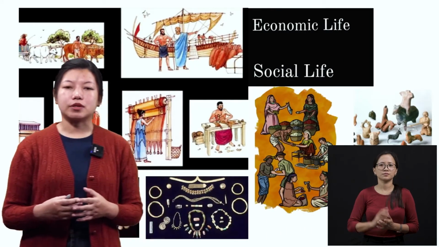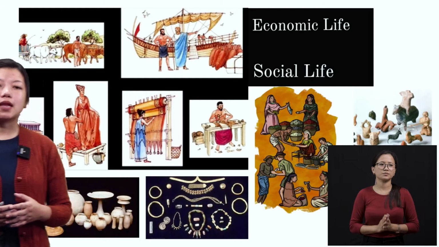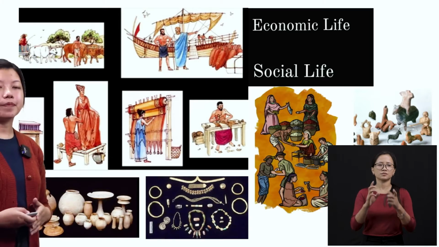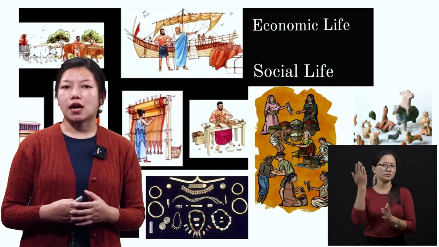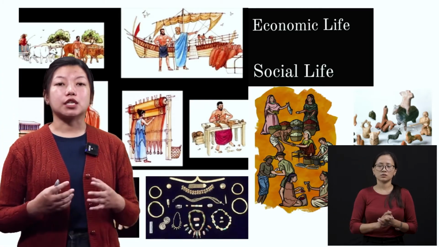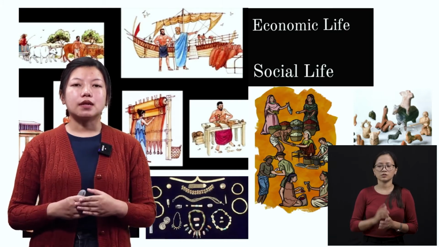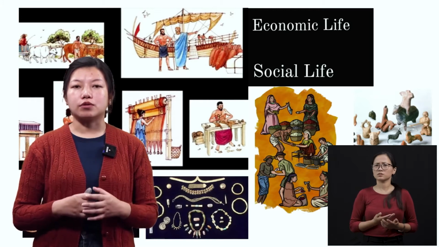In the second picture, it shows the economic life and the social life of the people. Let me start with the economic life. In the previous class, I also explained the economic life to you. Earlier, people did not know how to do business.